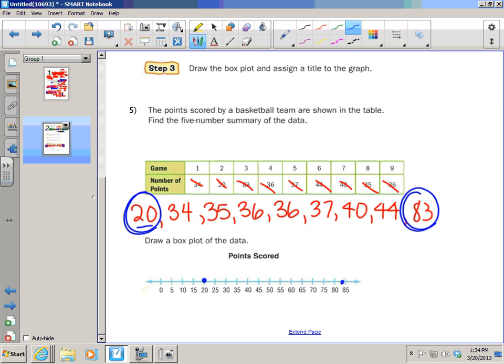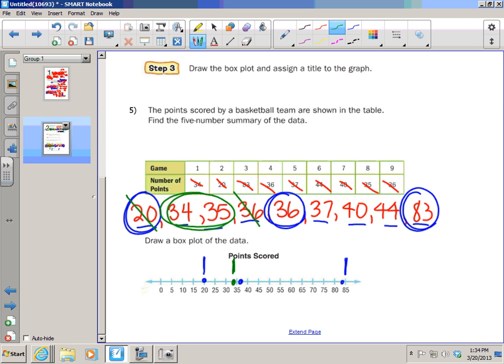I find the middle number at 36. Plot a point there. So these are going to be my whiskers. And I need my lower quartile, which is in between both of these at 34.5.